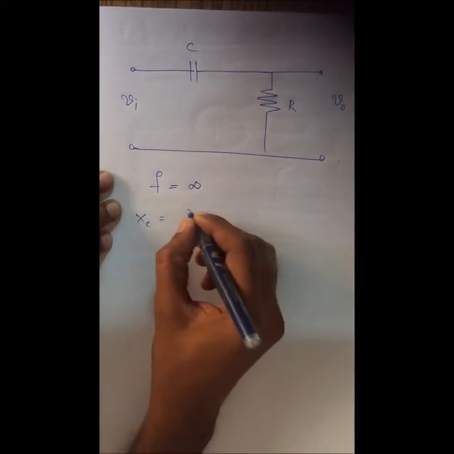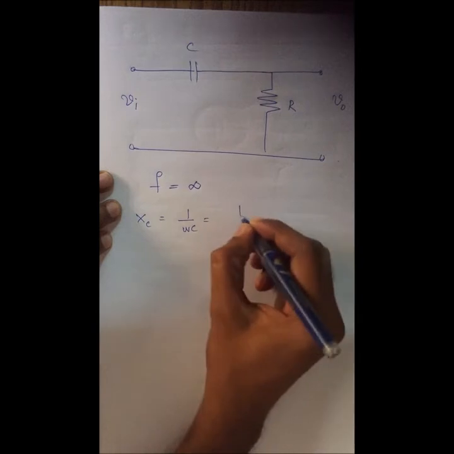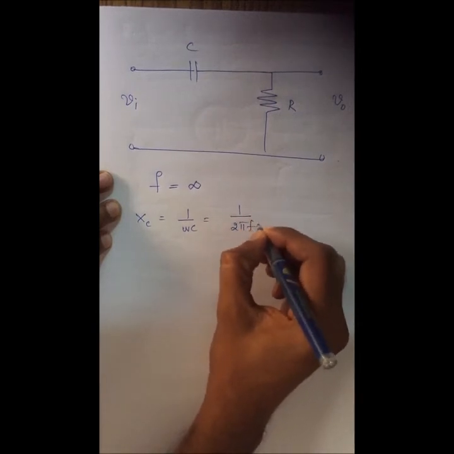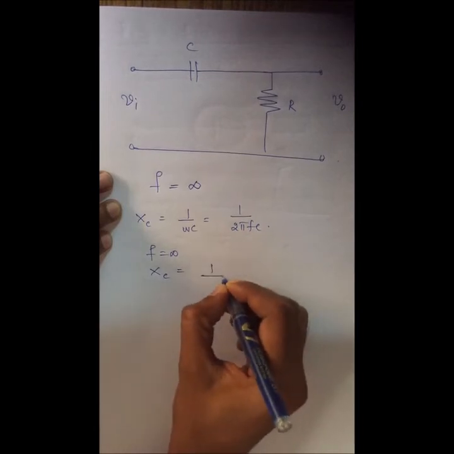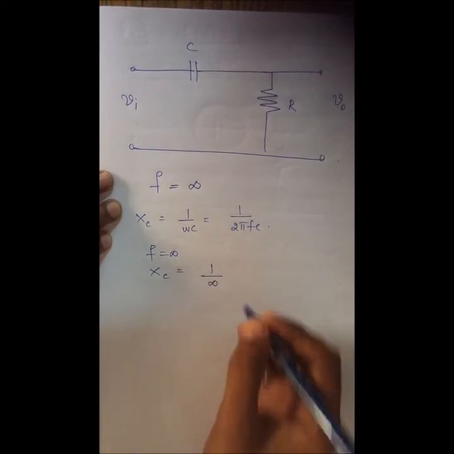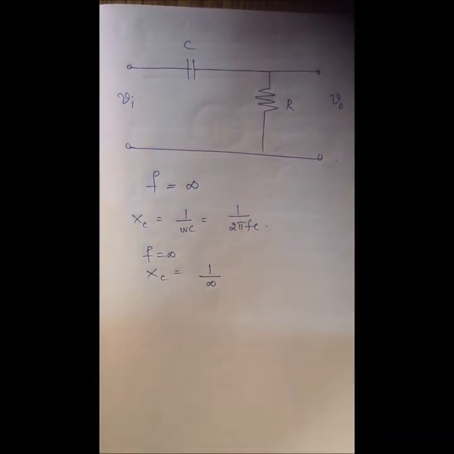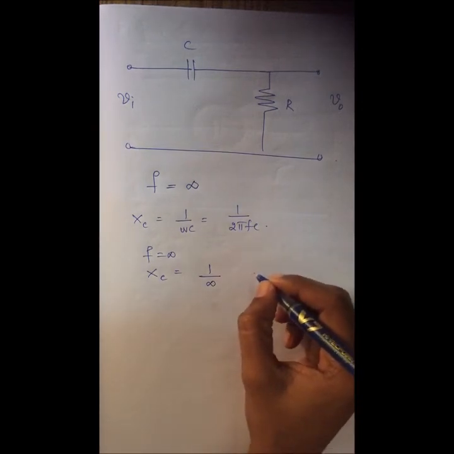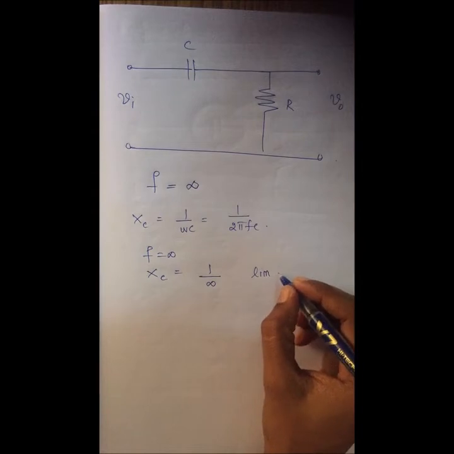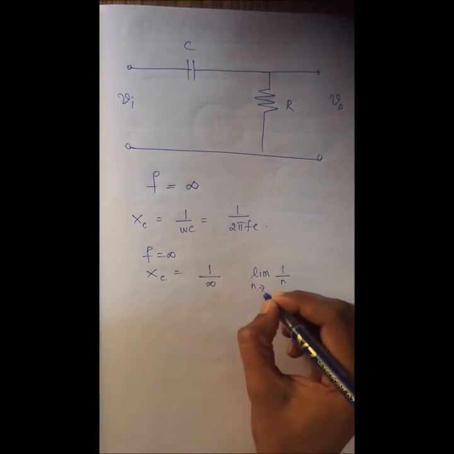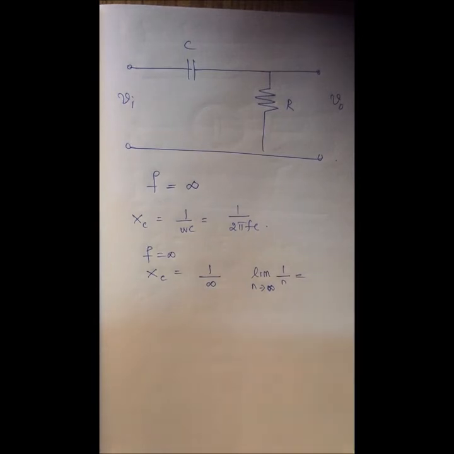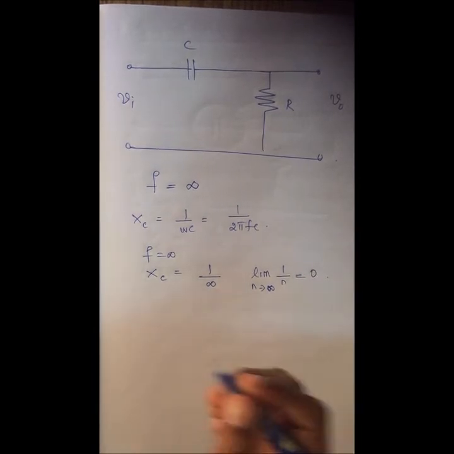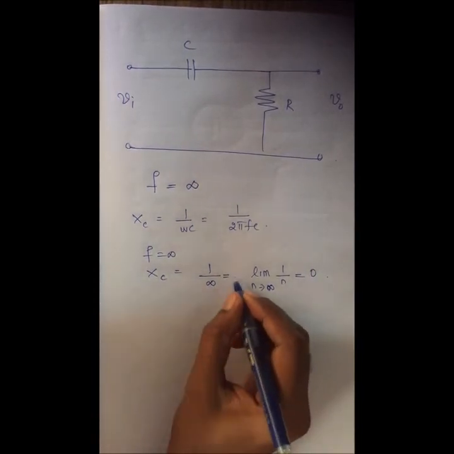The reactance offered is 1 by omega c, which is 1 by 2 pi fc. When frequency is infinity, the reactance offered by the capacitor is 1 by infinity. The limit of 1 by n where n tends to infinity is approximated to 0.